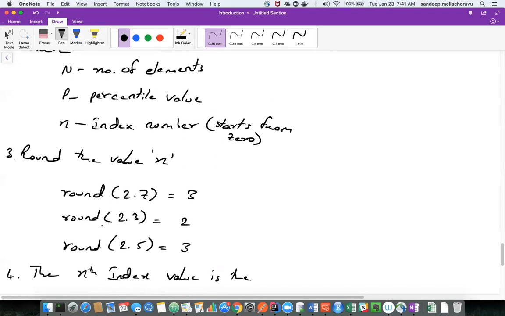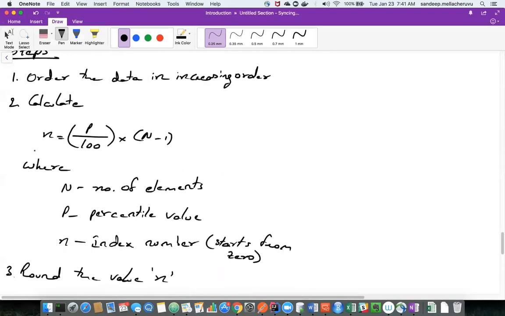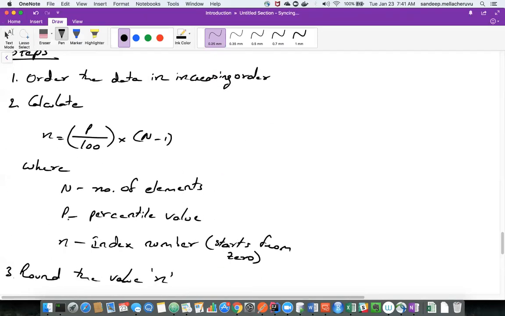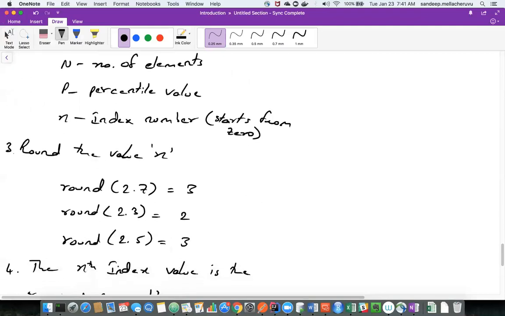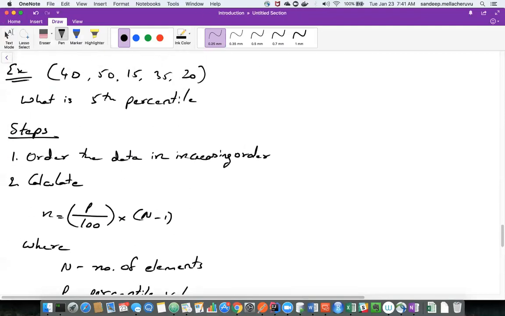Now, the second step is to calculate this n, where p is the percentile value and we are supposed to calculate the 5th percentile. So p will be 5 here and N is 5 elements.